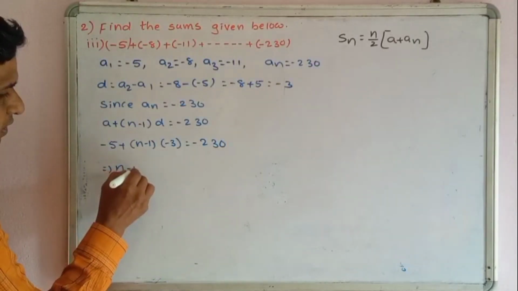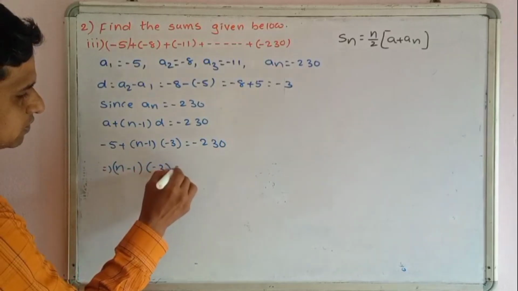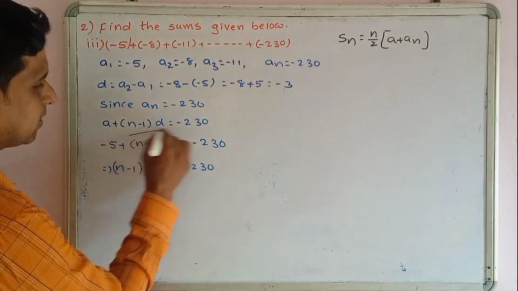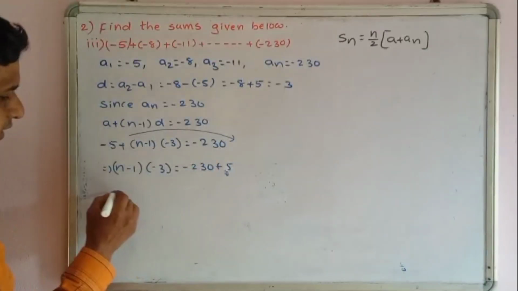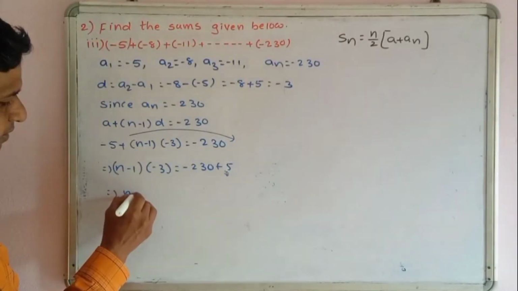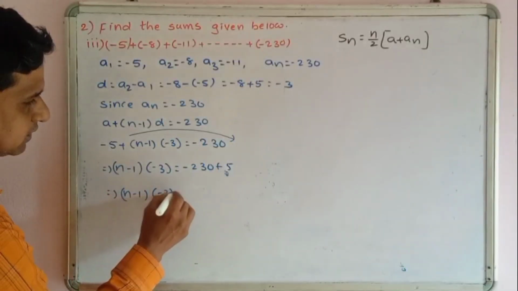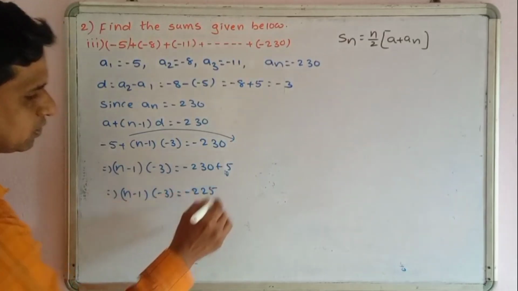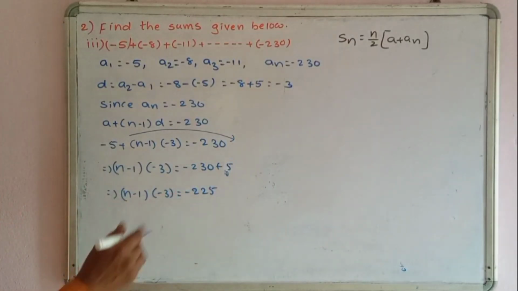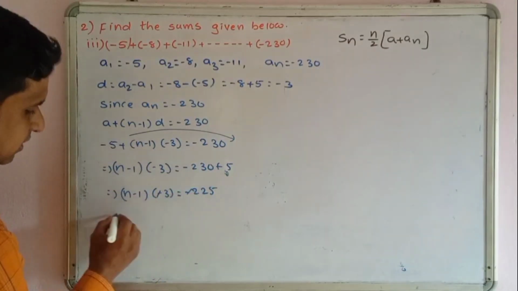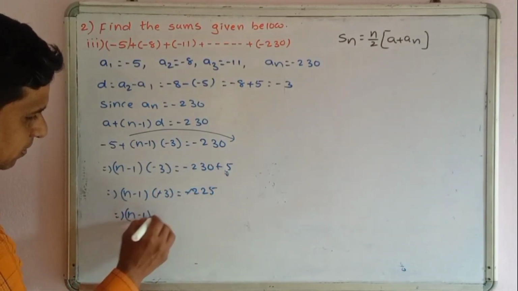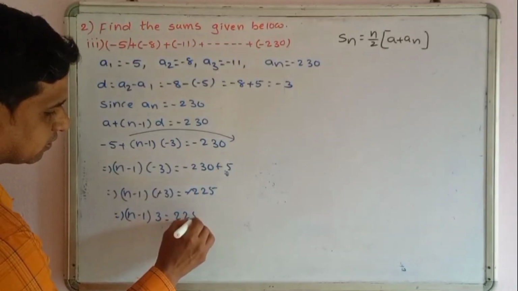So (n minus 1) times minus 3 equals minus 230. Minus 5 transposes to the right side as plus 5. That equals (n minus 1) times minus 3 equals minus 225. Minus 230 plus 5 is minus 225. So the negatives cancel. So (n minus 1) into 3 equals 225.